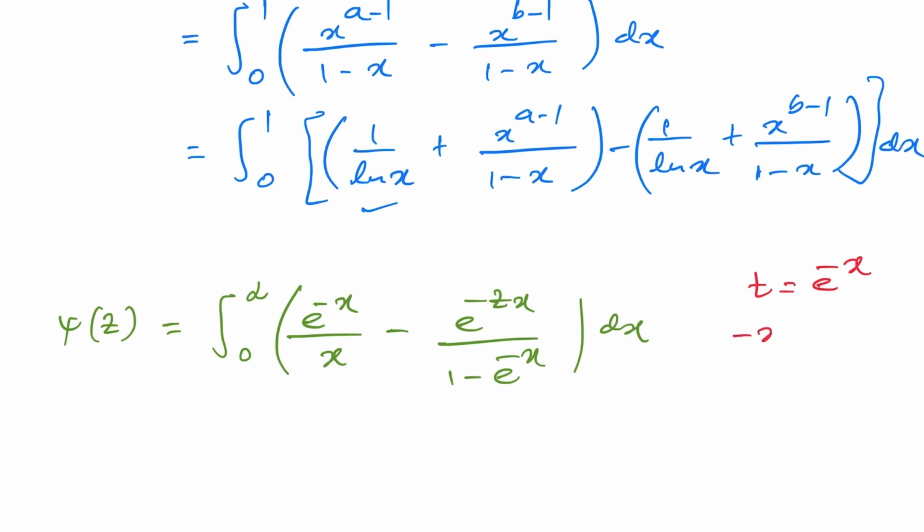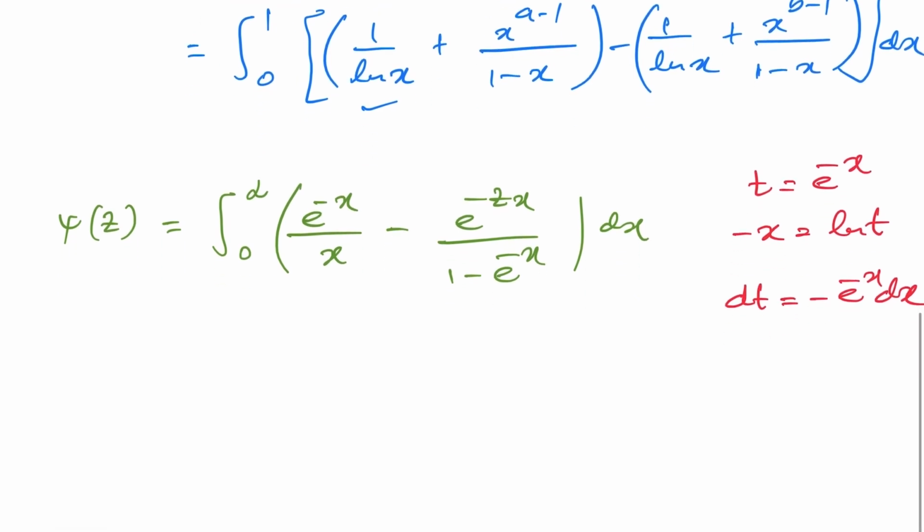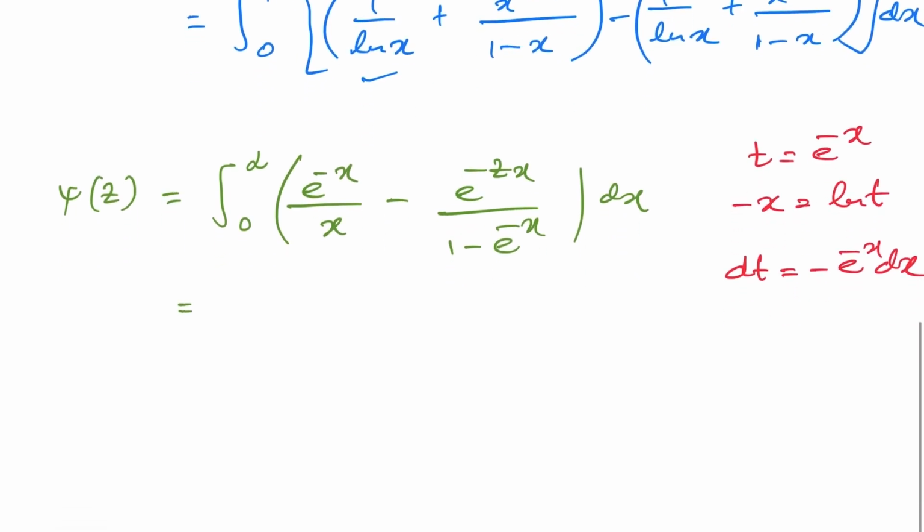Then minus x is equal to natural log of t. Also, if we differentiate, dt is equal to minus e to the minus x dx. Let's substitute. The limits go from 1 to 0. Then e to the minus x is t, and x is minus natural log of t, so we have minus t over natural log of t.